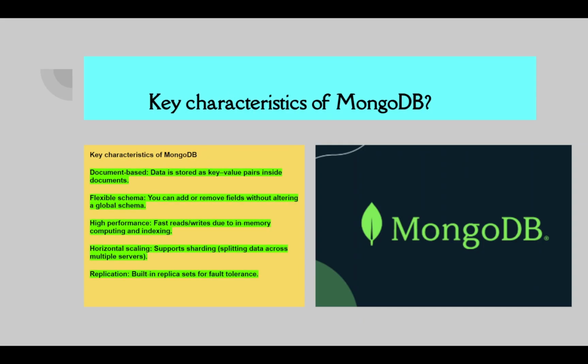What are the key characteristics of MongoDB? It's document based. Data is stored as key value pairs inside the documents. I'll show later in this video a sample document, but you can understand that the column or the data item in the document is a key value pair.